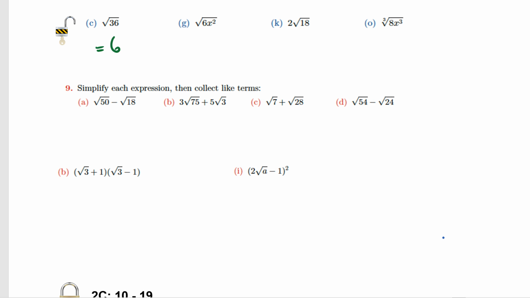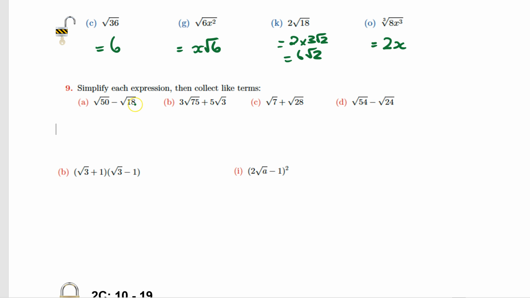Square root of 6x squared is the square root of 6 times the square root of x squared, which will end up being just that. This one, 2 root 18, so if we think of 18, that's 9 by 2. So that's equal to 2 by 3 root 2, which is 6 root 2. And the cube root of 8x cubed is the cube root of 8, and the cube root of x cubed.